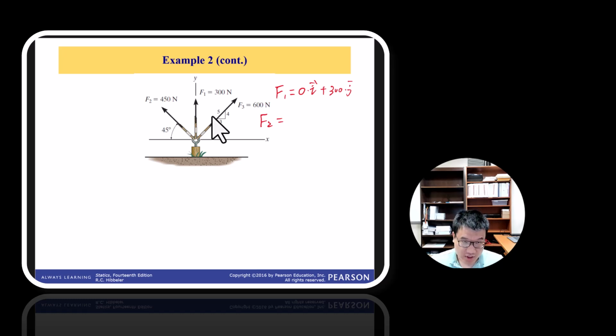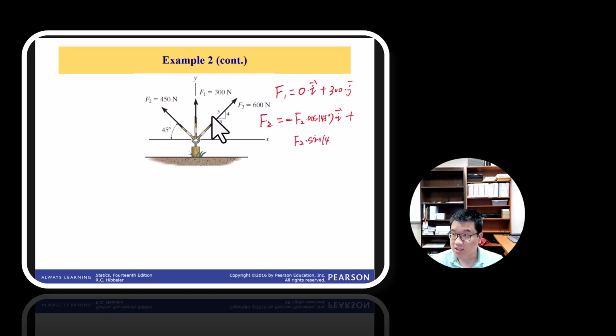Because F2's component in the x direction is opposite to the x direction, we need to put a minus. So it will be minus F2 times cosine 45 degrees times the i vector, and its component in the y direction will be F2 times sine 45 degrees times the j vector.